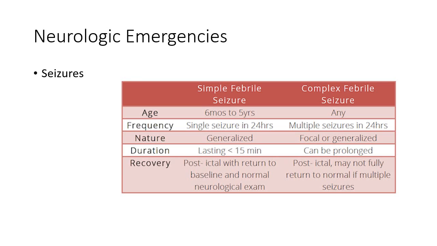Good. What else? So input is down. If input is down, what else is going to be down? Output. How would we measure output? What would we ask? How many wet diapers they've had. Good. What else? If they've had any vomiting or loose stools. Good. Very good. Those are all very, very good things.